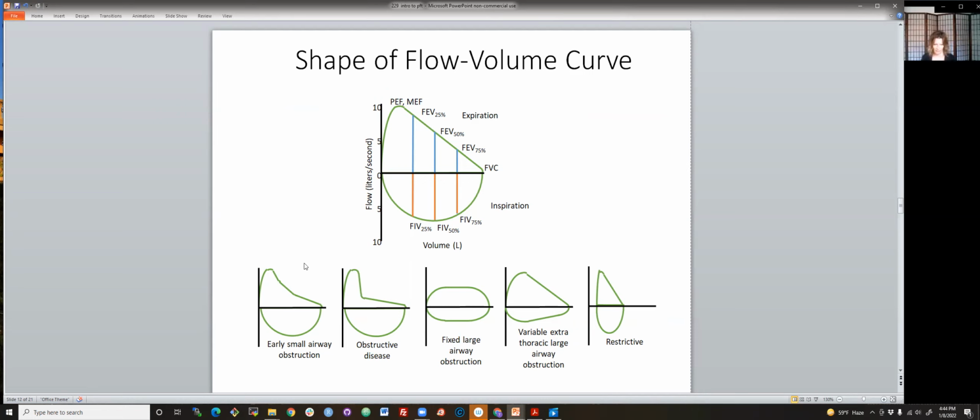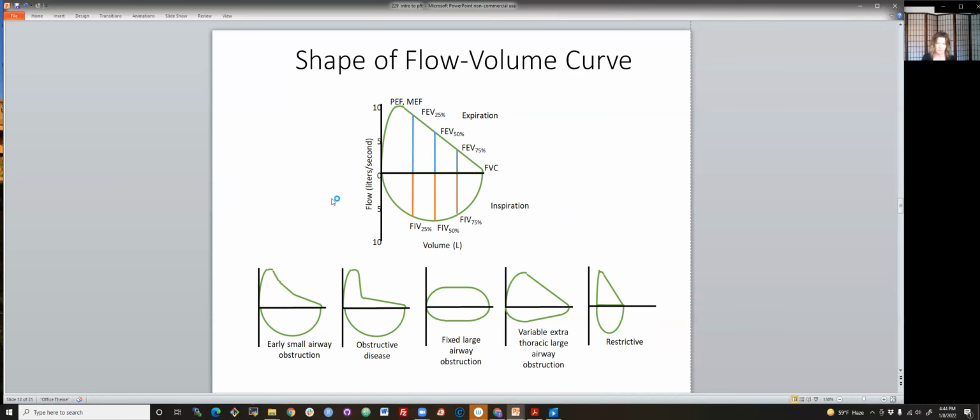If we look down at the bottom here, if we have somebody that has early small airway obstruction, this would be somebody that has bronchospasm or narrowed conducting airways for some reason, you know, asthma, cystic fibrosis, things of that nature. That expiratory flow, remember here's inspiration, expiration, that expiratory flow is decreased early on, and it's about 25 to 75% here.